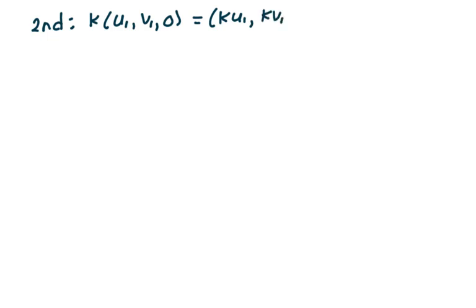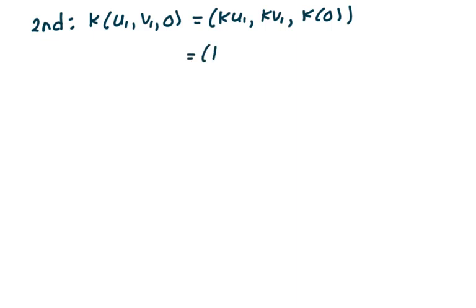Second step. If I take k times (u1, v1, 0), right? Does that vector belong to W? The answer is yes, but we have to show it. So this is the vector (ku1, kv1, k times 0), right?